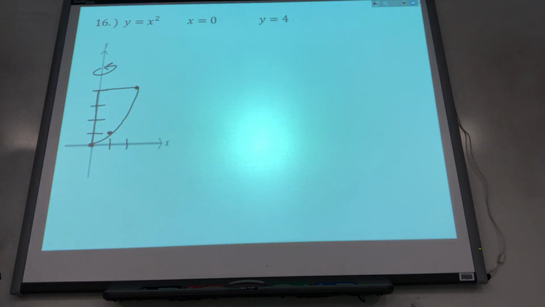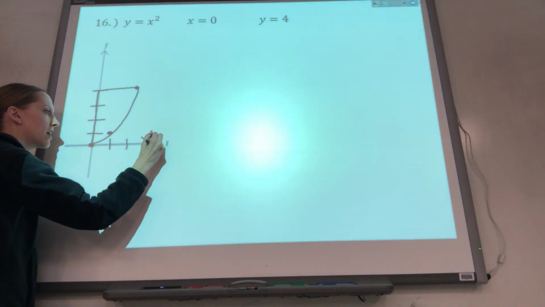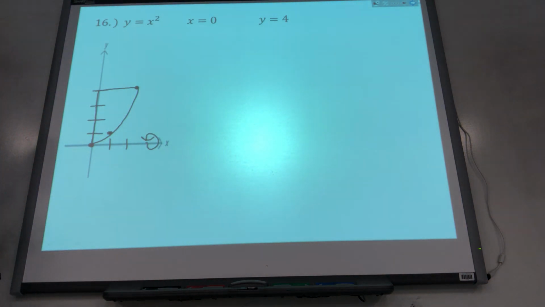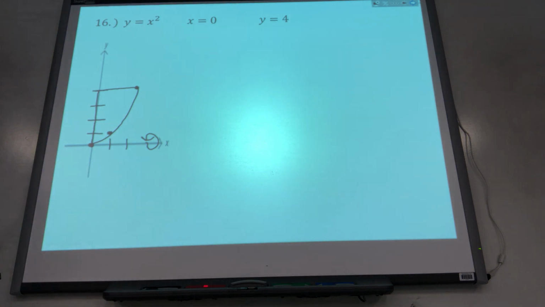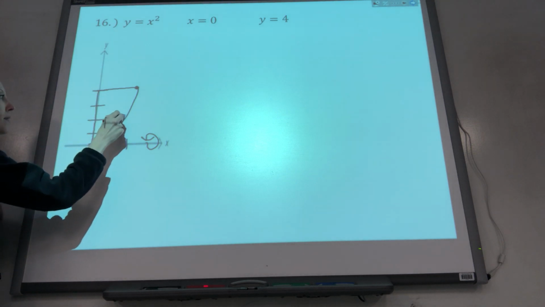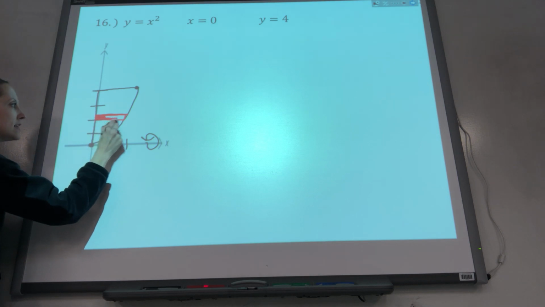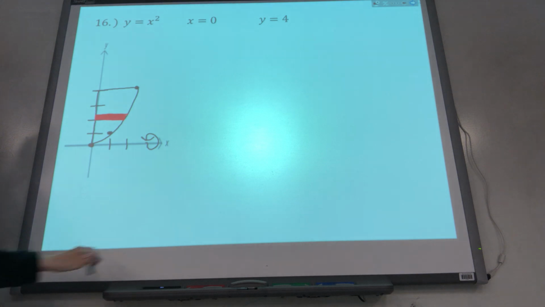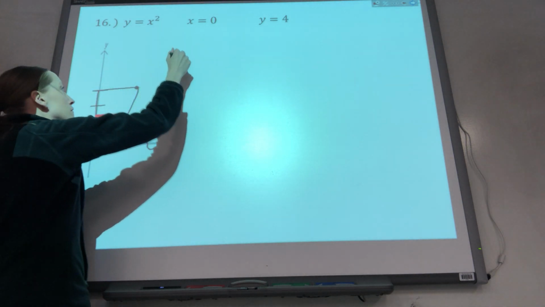Okie doke. Nope, I'm not going around the y-axis, I'm going around the x-axis. Gotta put my arrow down here. You told me earlier with the disk method, your rectangle is always perpendicular, but with the shell method, we're going to be parallel. So I'm going to draw it like this. Okay, here I go.